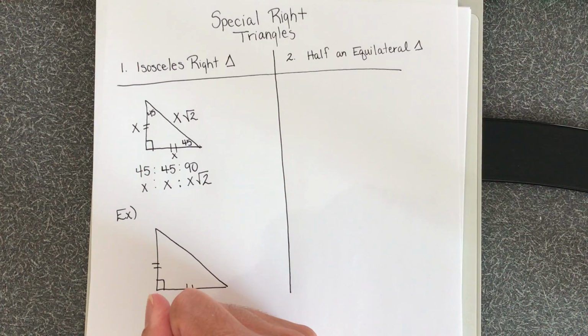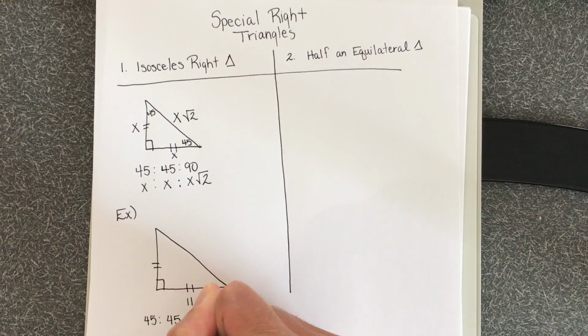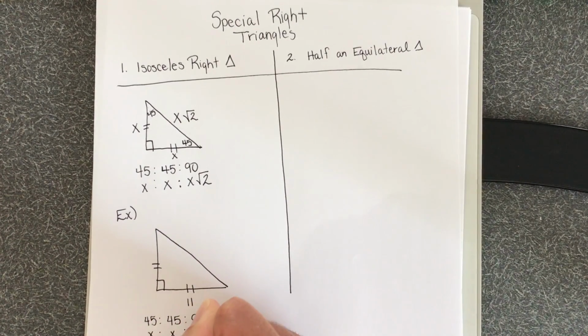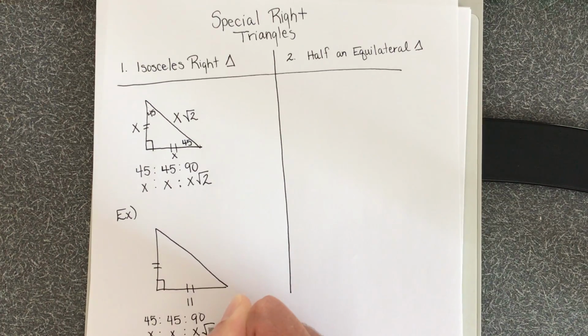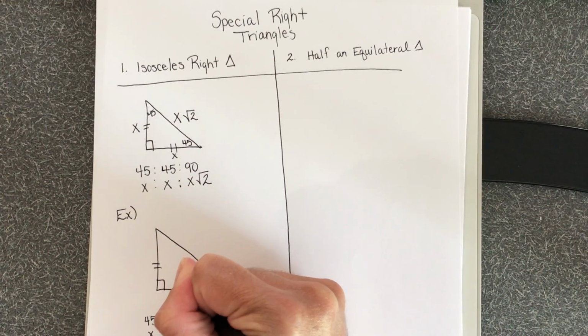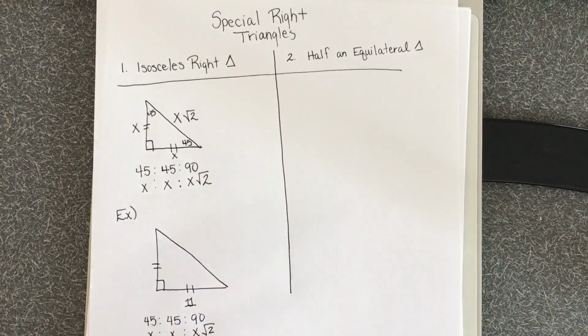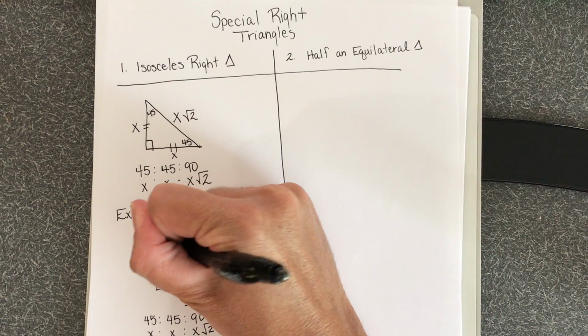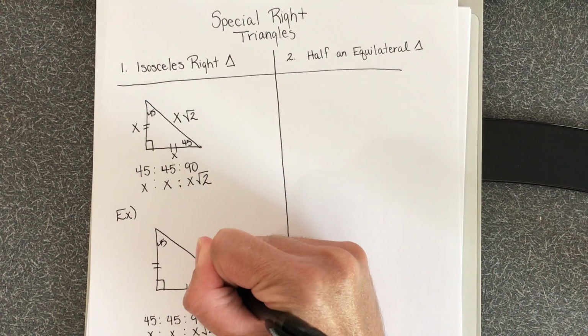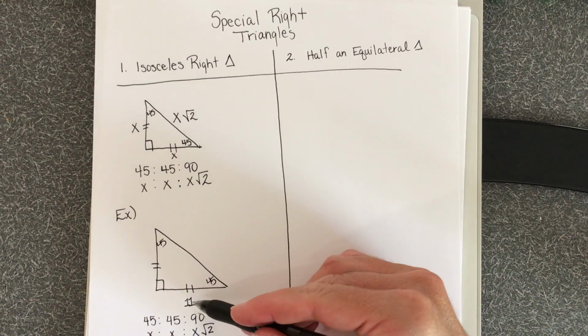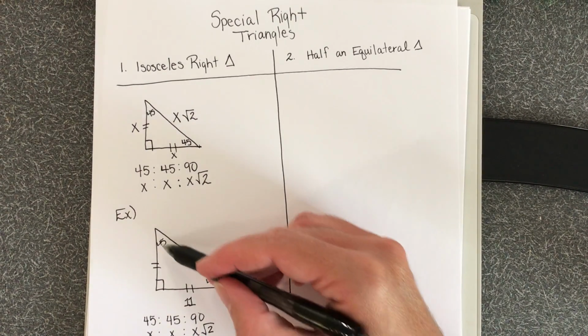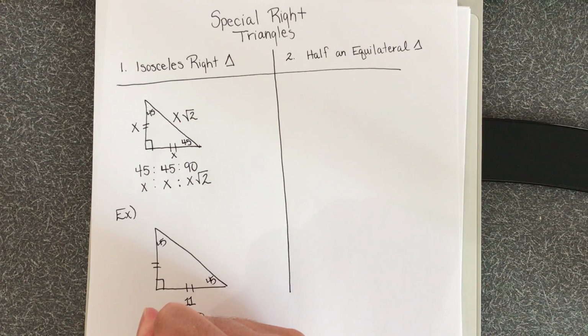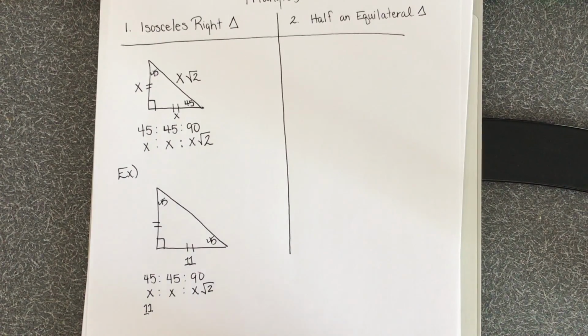Okay, so I can set up my ratios: 45, 45, 90, x, x, x times the square root of 2. And I can figure out the length of the remaining sides. So this 11 is opposite of the 45, so I know that x has a value of 11.